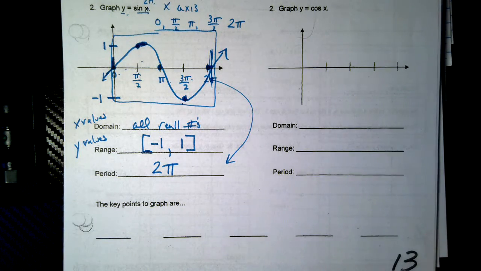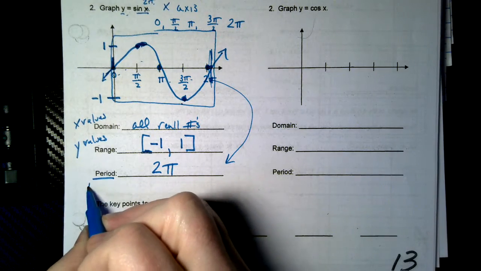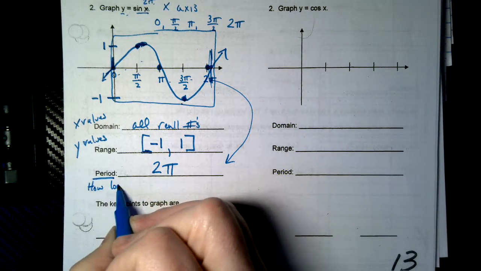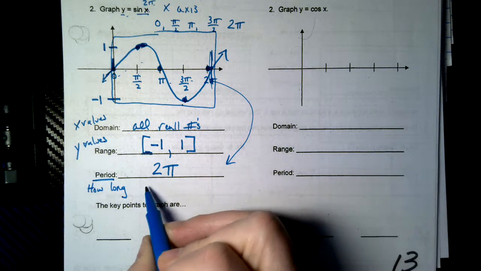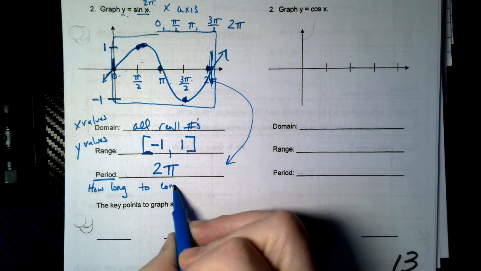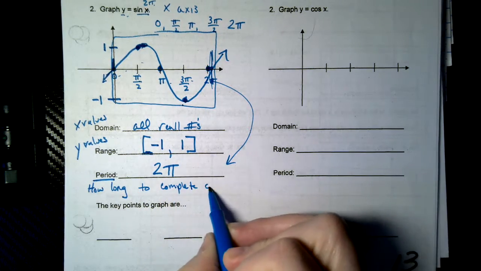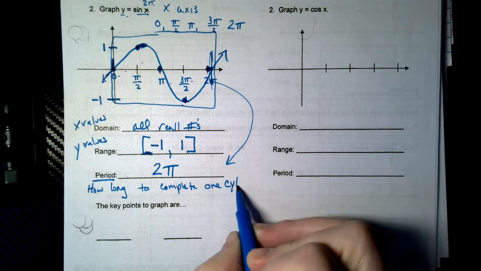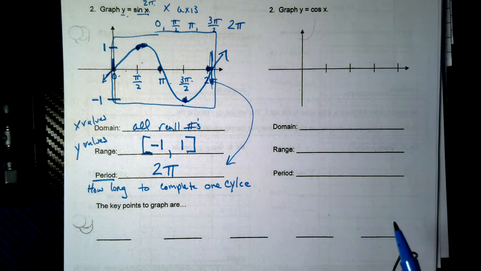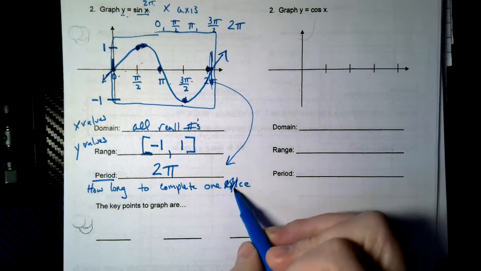Cosine and sine have the same period length, 2 pi. Period is how long, all right, how long to complete one cycle. Did I misspell cycle? I think I did. Cycle.